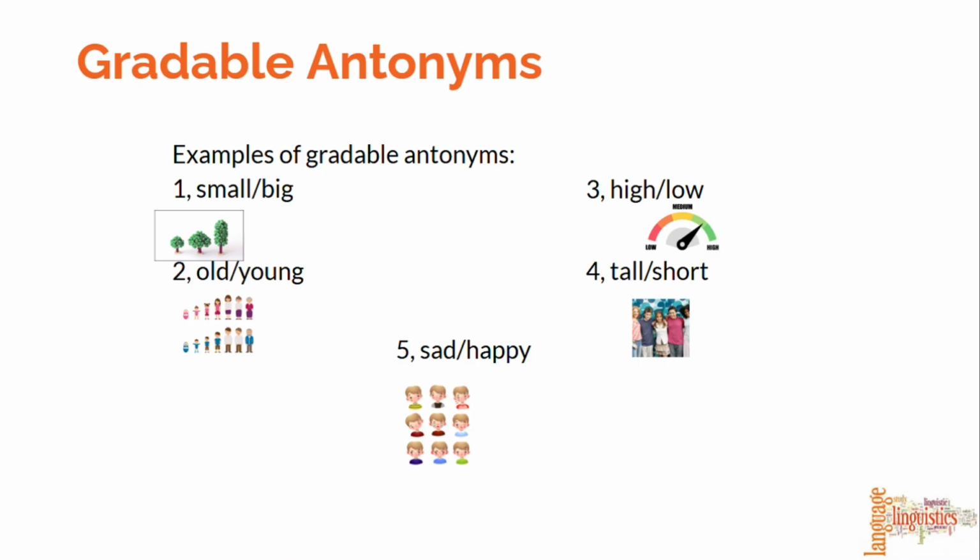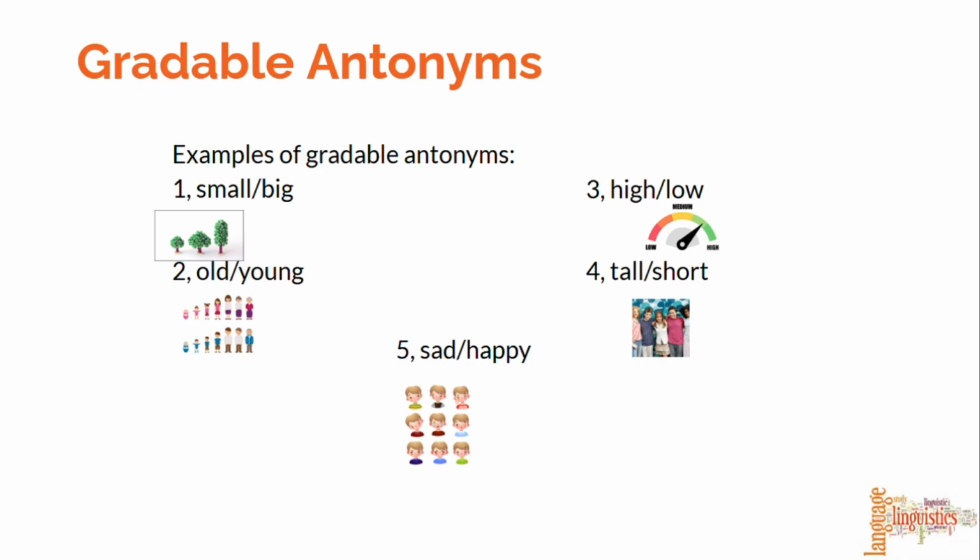Let's look at the third pair, high and low. Same as the first two, it's about a whole spectrum. It's on a continuum. So how high can it be?